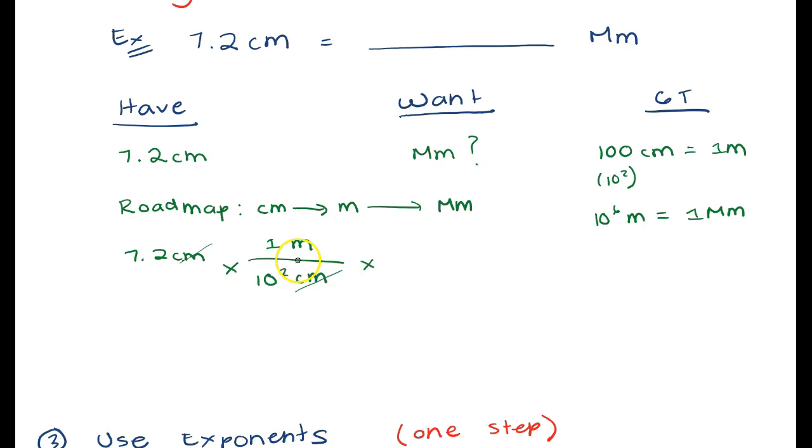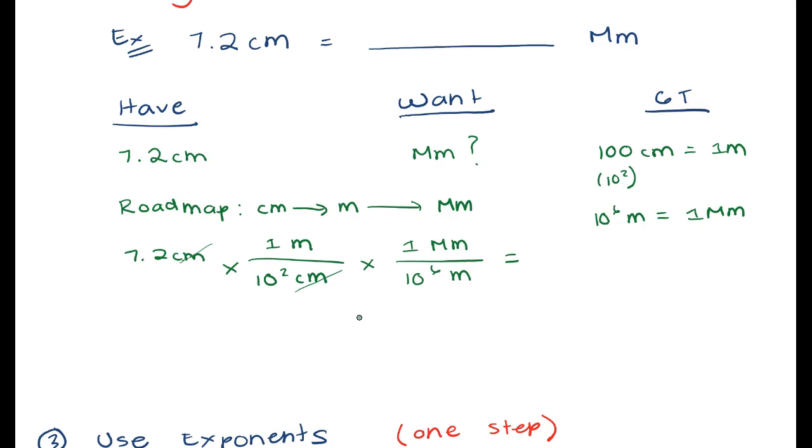I'm currently in meters. I need meters on the bottom to make it cross-cancel. So according to my get there, my conversion factor is 10 to the 6 meters for every 1 megameter.